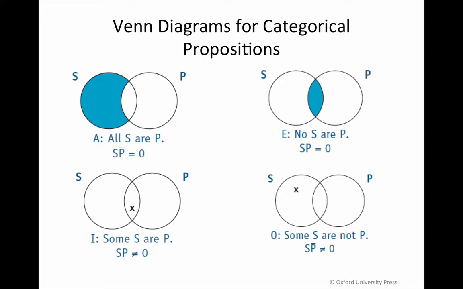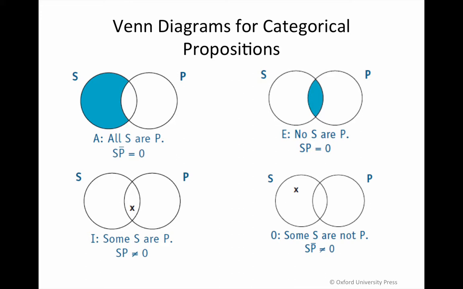So look at area 2, that is the area of overlap of S and P. The area of overlap is the only place available for any S's that may exist to actually be. So shading tells us that there's no room to put anything. There is nothing that we could put in the area of S that is outside of P.